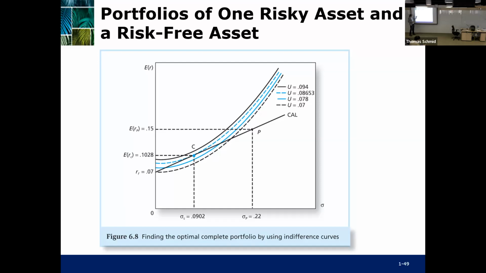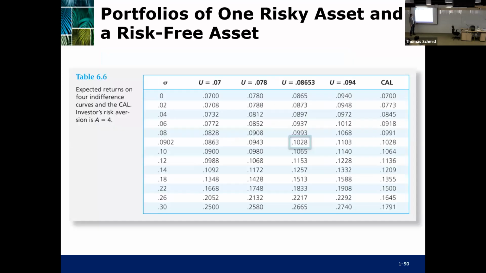So the highest indifference curve that still touches the capital allocation line is this dashed blue line, and the utility is 0.08653. Okay? It's the same thing as I just showed you, but with the correct numbers for this example.